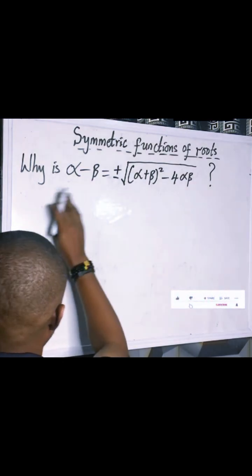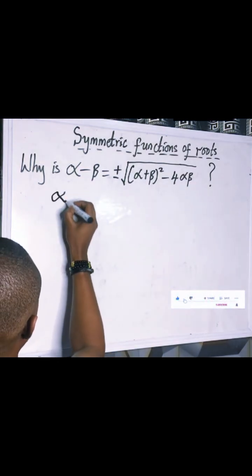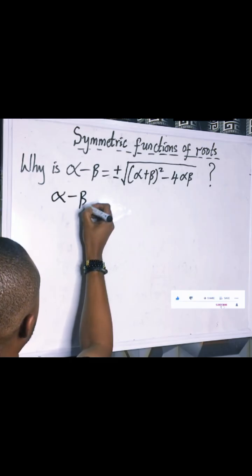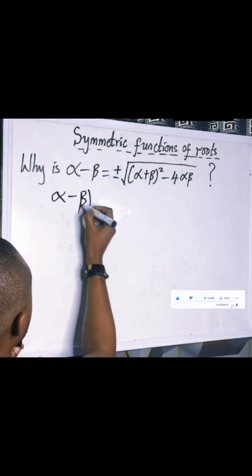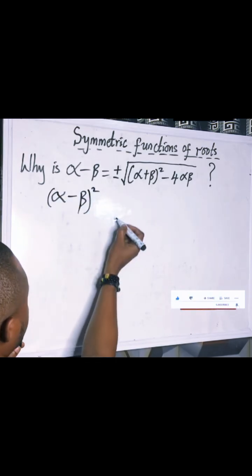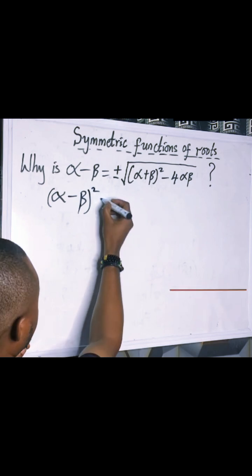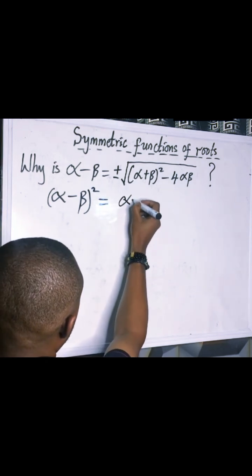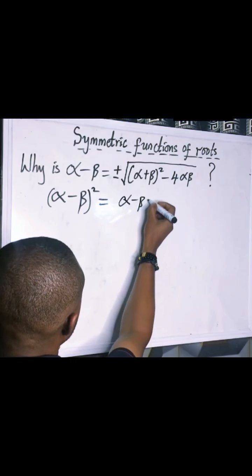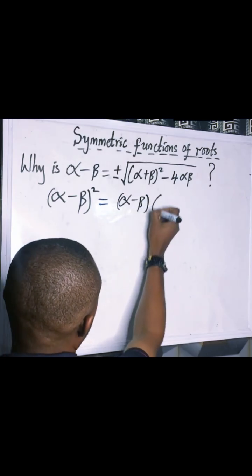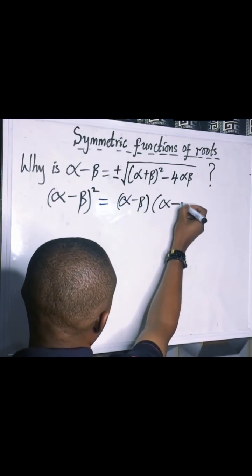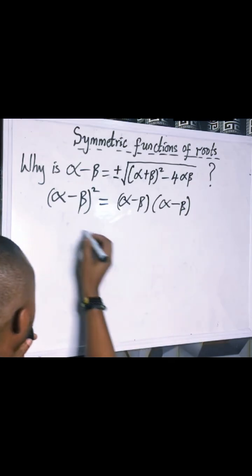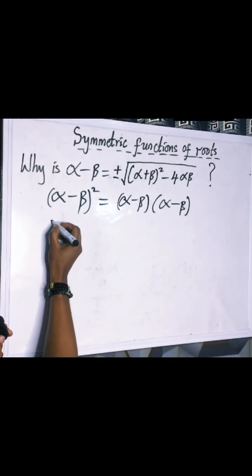We square them by their product. So by expansion, what do you get? Alpha minus beta times alpha minus beta.